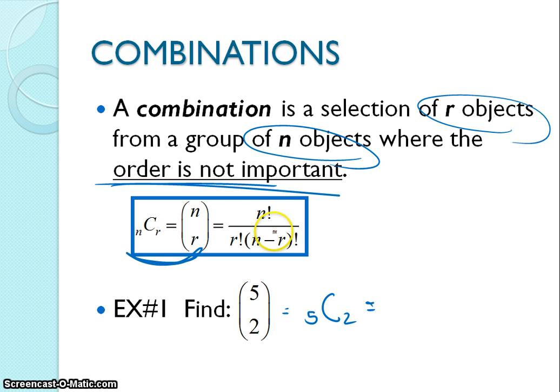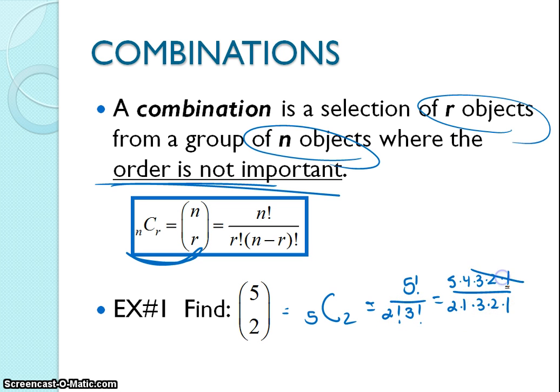Okay, so when we expand this out, we have n factorial, which is the bigger number, 5 factorial, over r factorial, which is 2 factorial, times n minus r factorial. So then you subtract the numbers. 5 minus 2 is 3 factorial. You don't need the parentheses. You expand it out. 5 factorial is 5 times 4 times 3 times 2 times 1. 2 factorial is just 2 times 1. 3 factorial, 3, 2, 1.